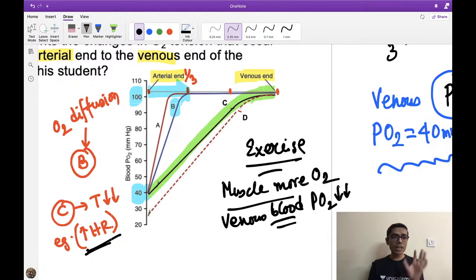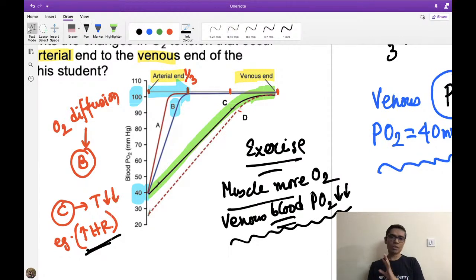But arterial partial pressure of oxygen, exactly, that is the clue here. Parag, you are very correct, venous blood oxygen partial pressure will be low, but arterial blood partial pressure will not be lower, because whatever extra amount has been taken up by the muscle will be compensated at the level of the lung.